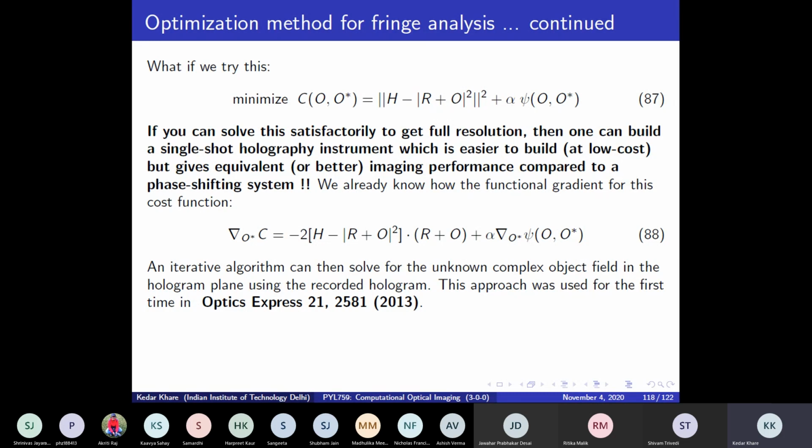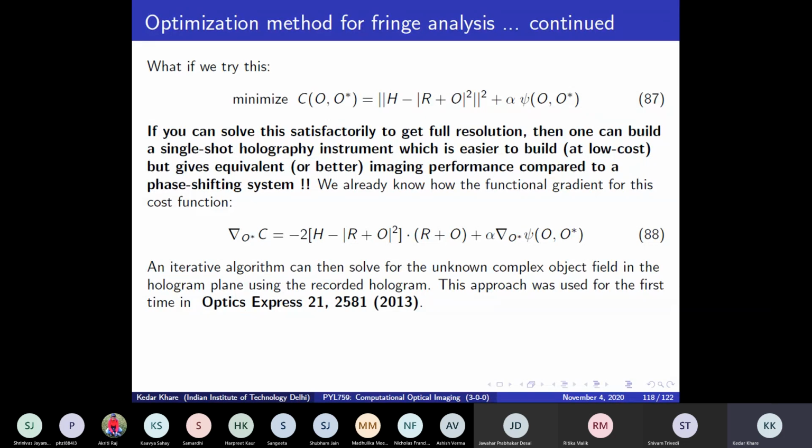But now suddenly you say that, okay, meaning the reason all this extra hardware was required was mainly because the algorithm was poor. And so suddenly if you change the methodology for phase recovery, then now I can say, okay, well, this is no longer a limitation of single shot kind of systems, and a single shot should give you full resolution. And I should not really suffer in terms of performance.